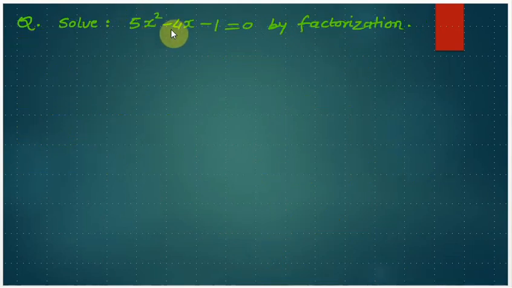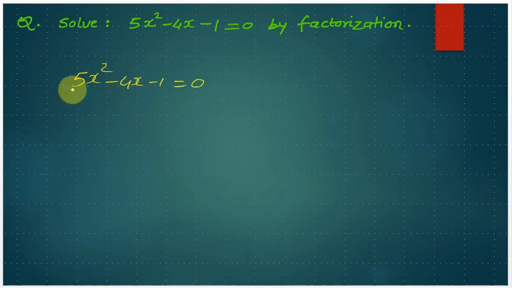Solve 5x square minus 4x minus 1 is equal to 0 by factorization method. For solving by the factorization method, take the given equation 5x square minus 4x minus 1 is equal to 0.